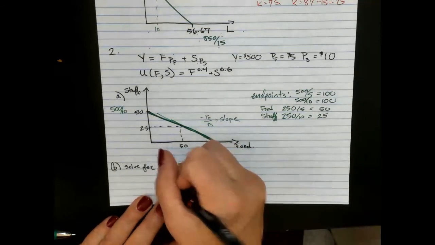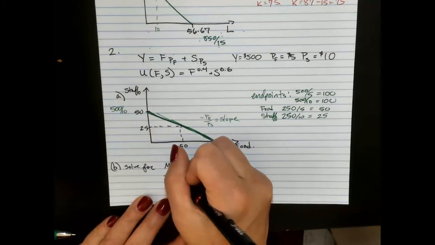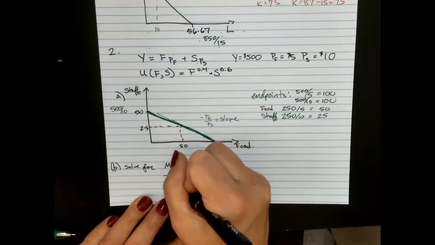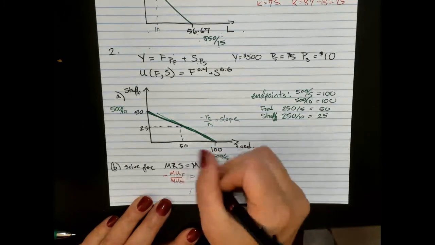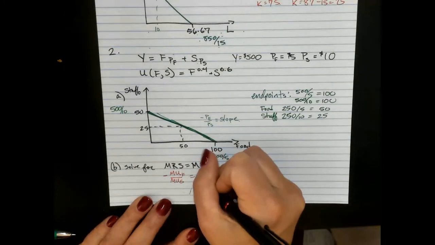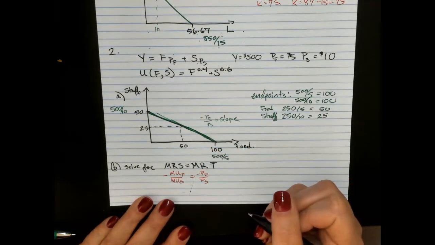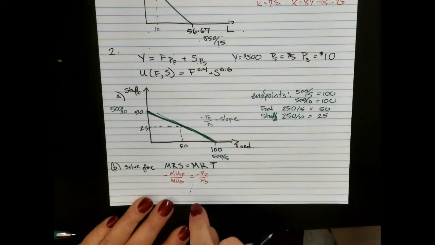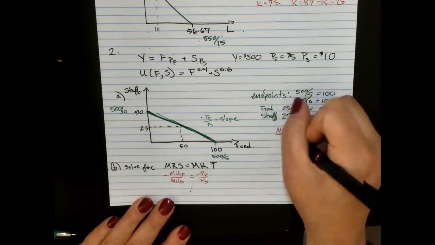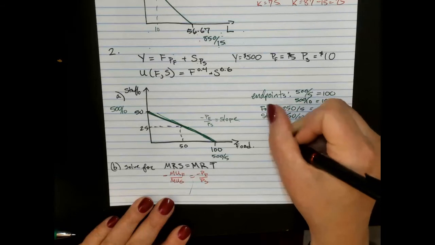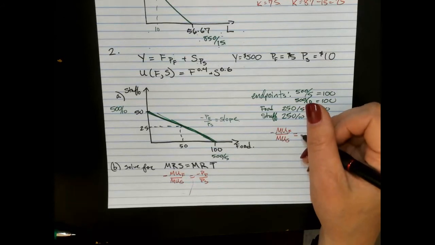The slope of the indifference curve, the marginal rate of substitution, is equal to MUF divided by MUS. And we want to set that equal to the marginal rate of transformation, or the slope of the budget constraint, which is PF divided by PS. And so we can go ahead and solve that. We can remember that the marginal utility of F over the marginal utility of S is equal to, when we're using a Cobb-Douglas function, it's going to make it easier for us to solve this.